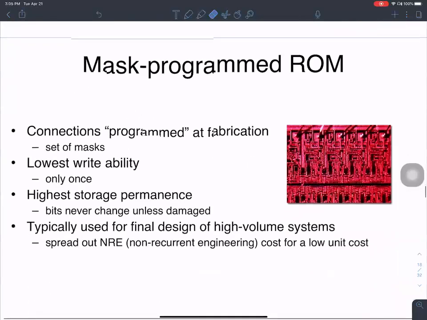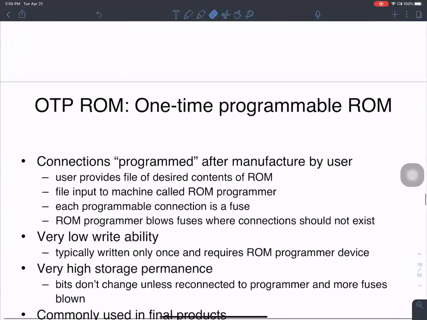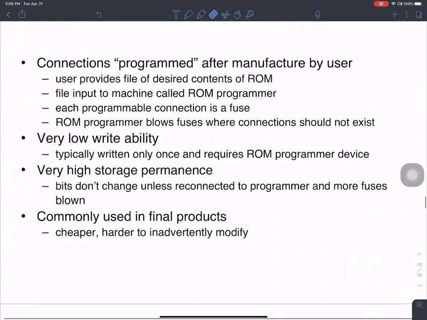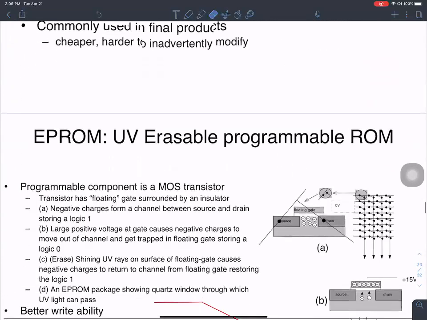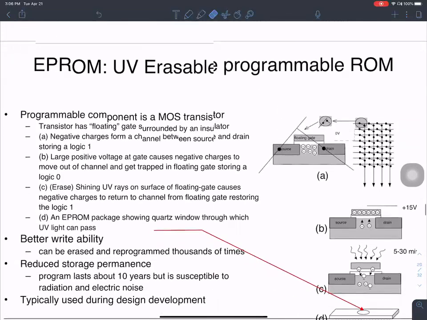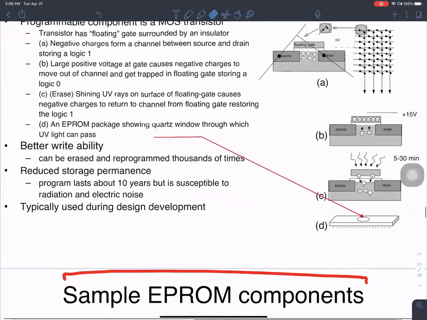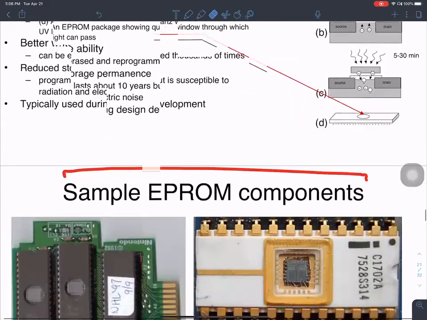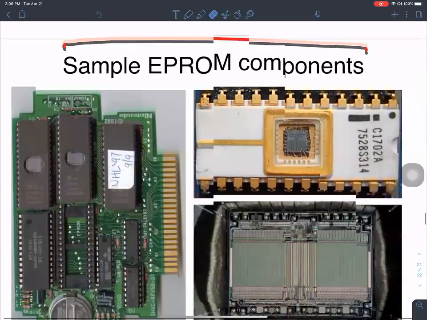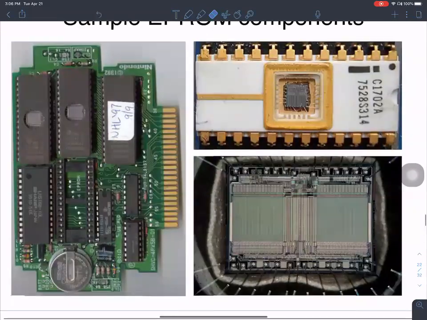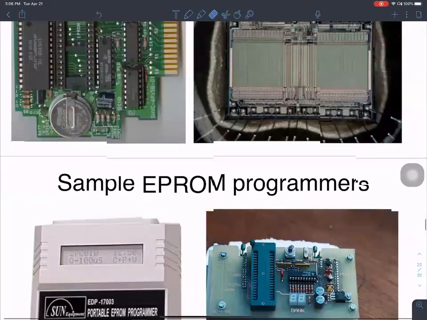And then we talked about mask programmed ROM, one-time programmed ROM. I did not spend a lot of time on this, but I invited you to read through this information here, which is mostly relevant theory.